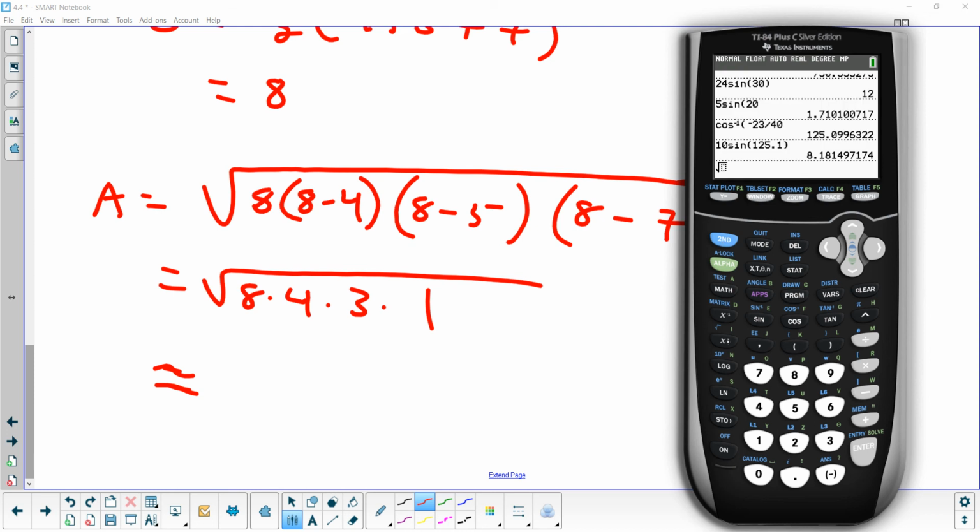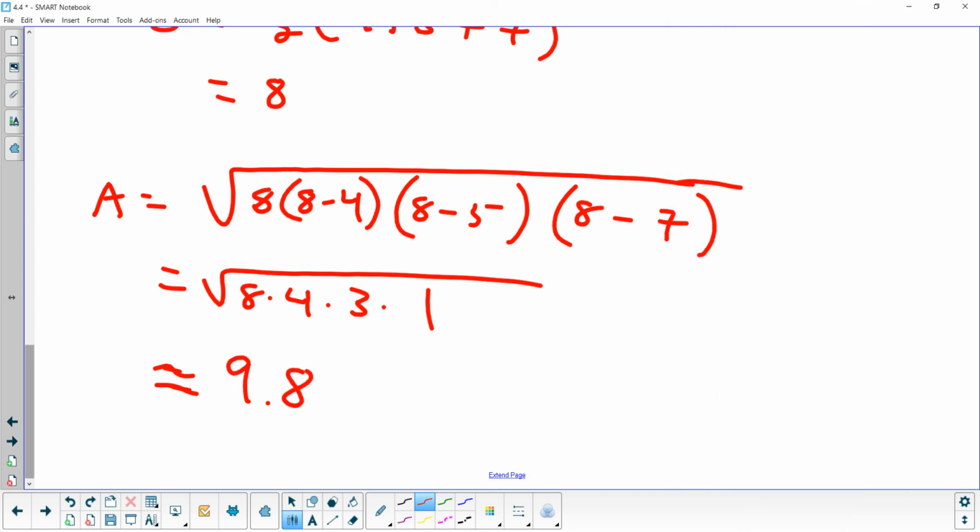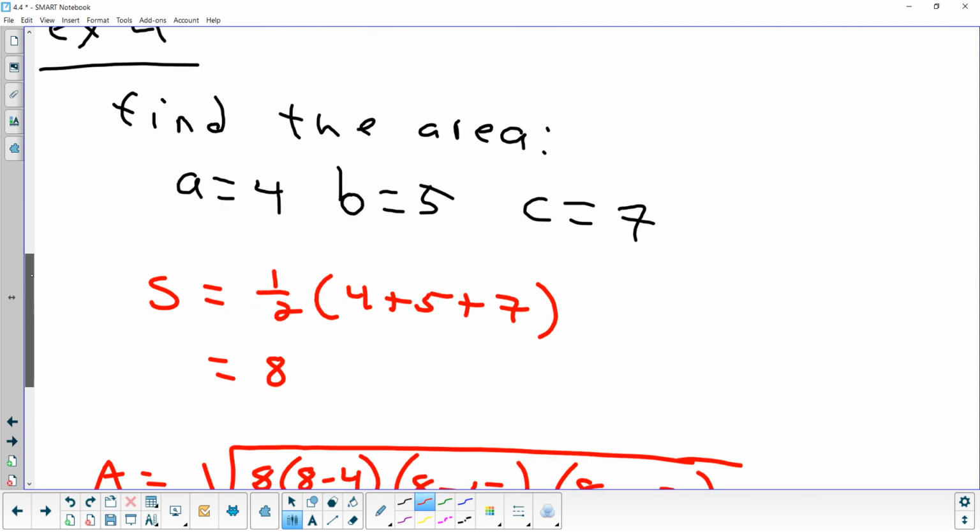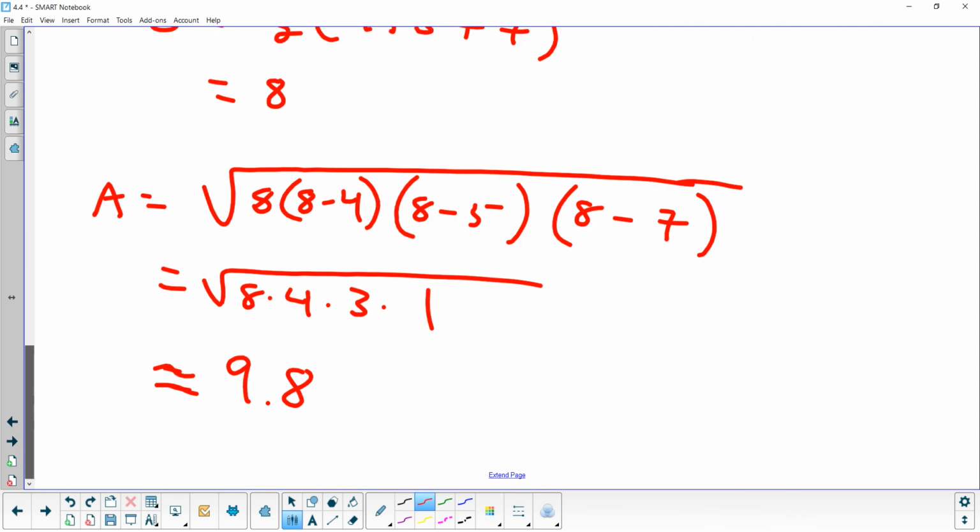So the square root of 8 times 4 times 3 times 1 gives me about 9.8. I'm going to go back up and just see if I had any units. Nope. Any questions on that?